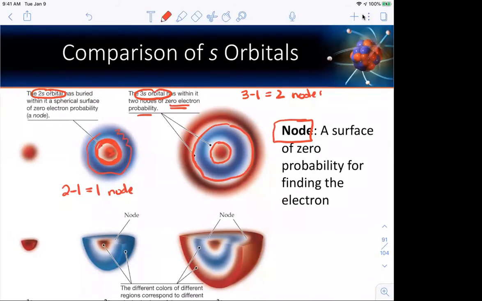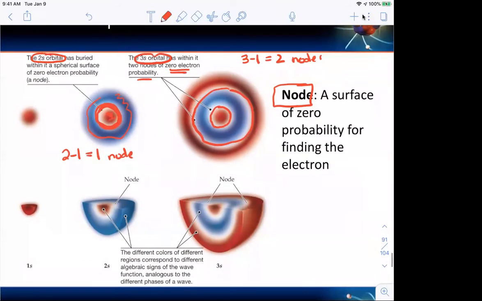So you can see the nodes in these depictions, and I'm showing this with different colors of different regions. Those different colors actually correspond to different algebraic signs of the wave function.